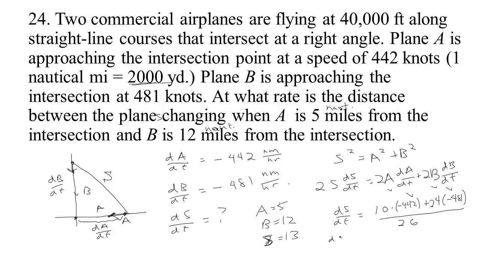So we get dS/dt is, let's see, negative 4,420. Let's see, in this number, I'm going to pull up my calculator, that's 11,544. And we've got to divide that by 26. And when we do that, we get 614. So copy it over here, just plugging in the numbers. dS/dt is equal to negative 614. All these numbers were in nautical miles per hour, so knots.